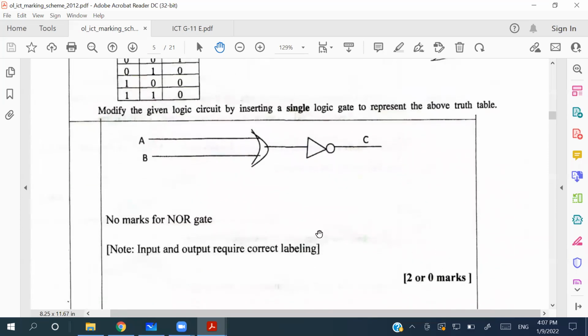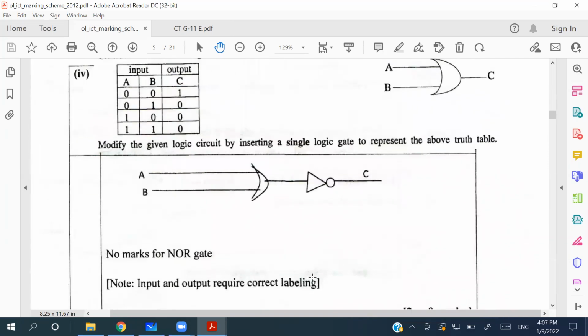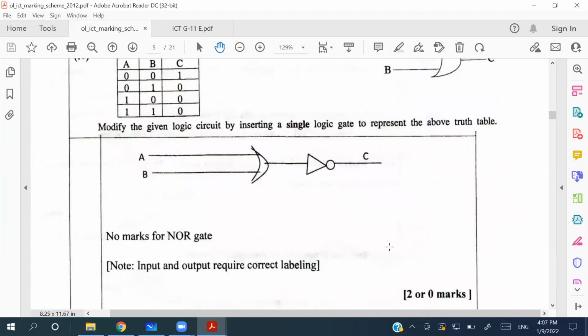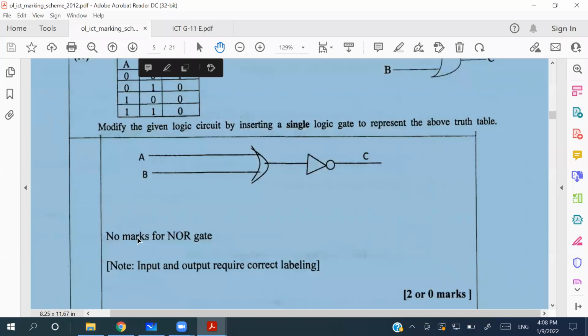So this is the modification. You have to draw and show how the modification should happen, and the input and output should be marked correctly. It specifically says no marks for a NOR gate. We know this is a NOR gate, the combinational gate that you are going to receive.